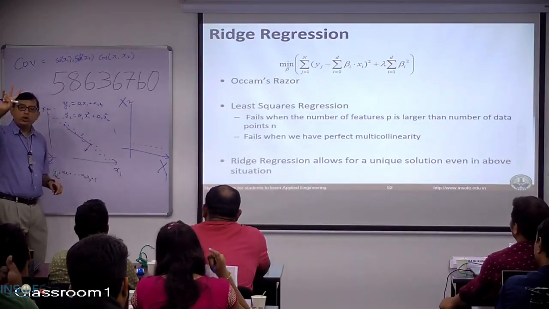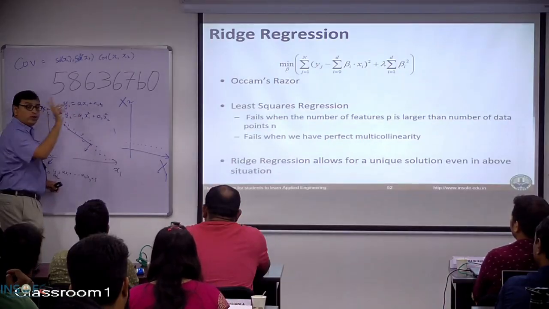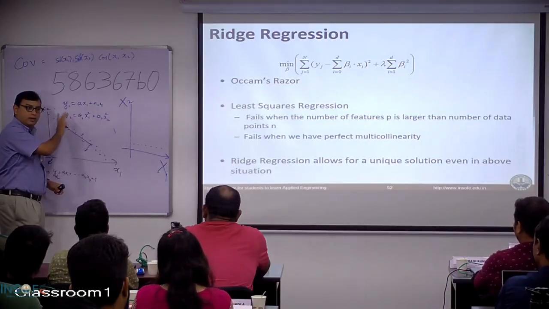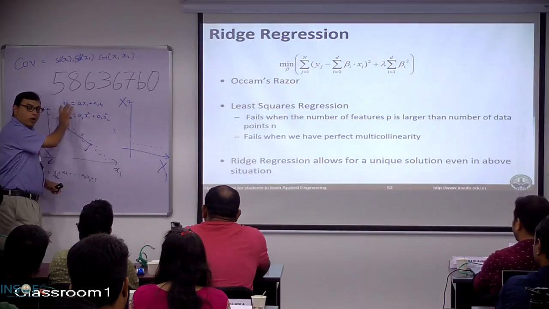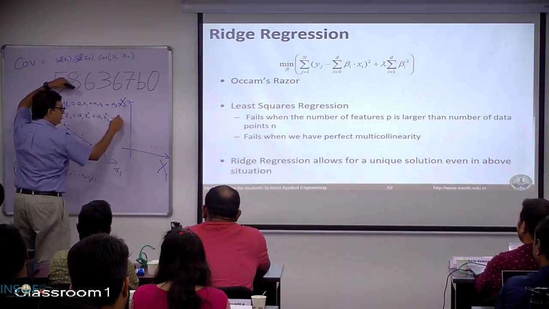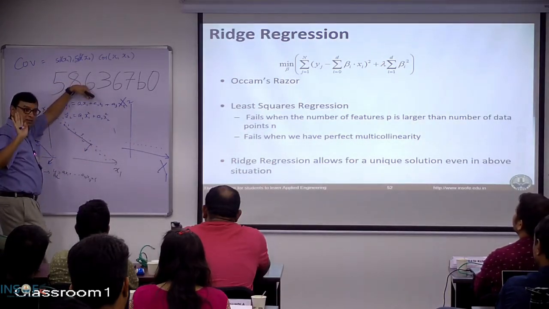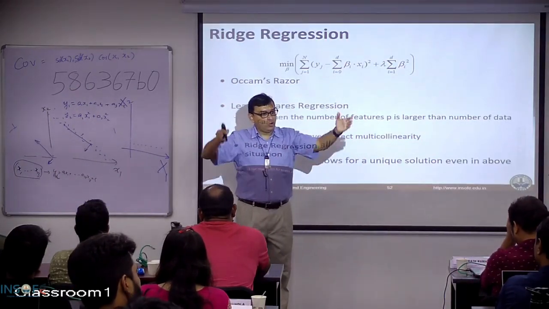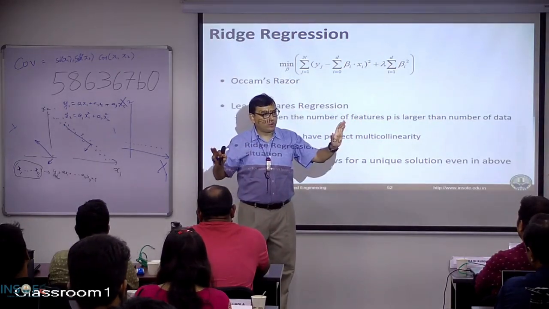Let's say you had only two records. Then this will be two equations. What are your unknowns? a1 and a2 are your unknowns. Two equations with two unknowns, you can exactly fit it. Correct? When you have a three-dimensional equation and you have three records, again you can exactly fit it. You can fit it with zero training error. In general, when you have n variables, n features and n records, you can exactly fit the problem.